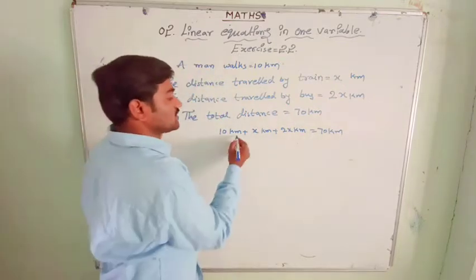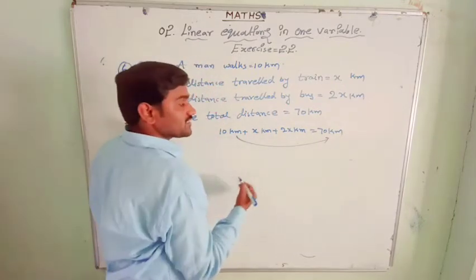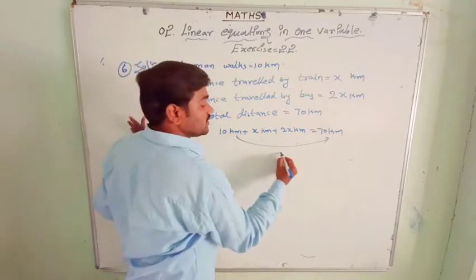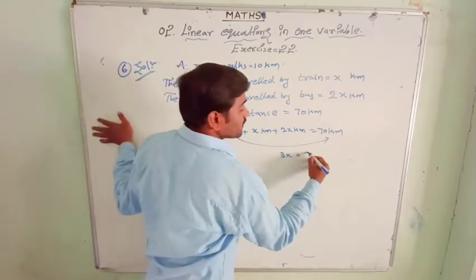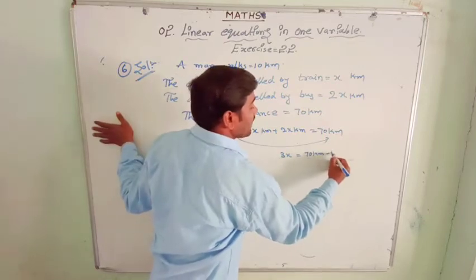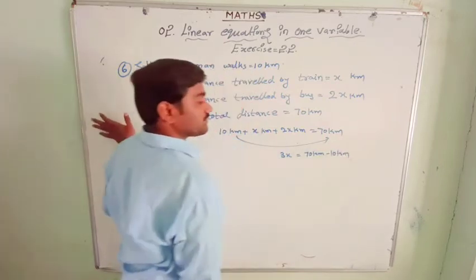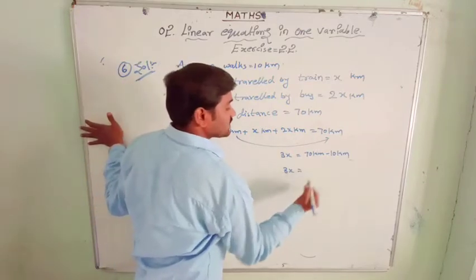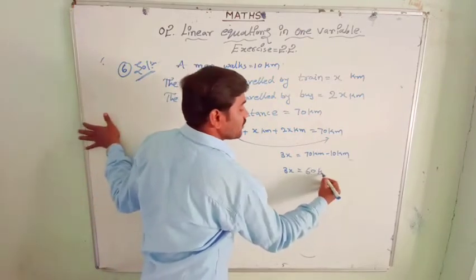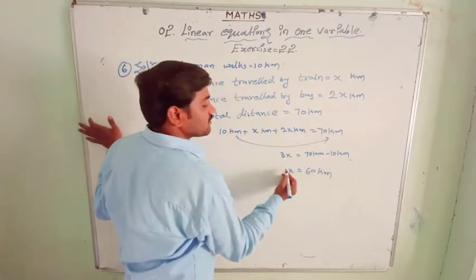Simple. Now this 10 kilometers we transfer to the other side. 2x plus 1x is 3x. 3x equal to 70 kilometers minus 10 kilometers. This plus 10 becomes minus 10. Then 3x equal to 60 kilometers.